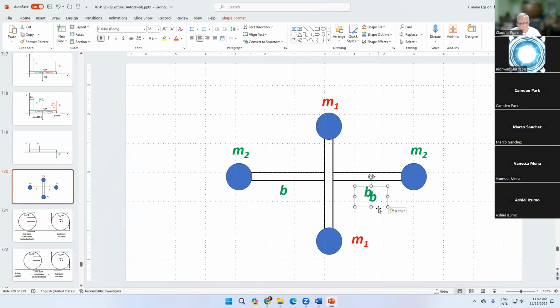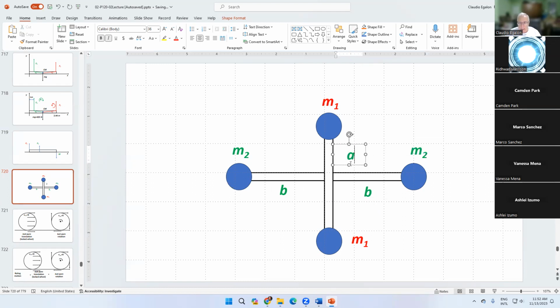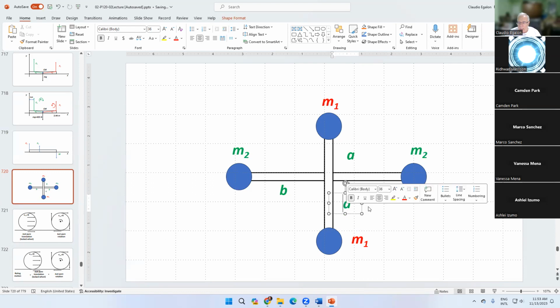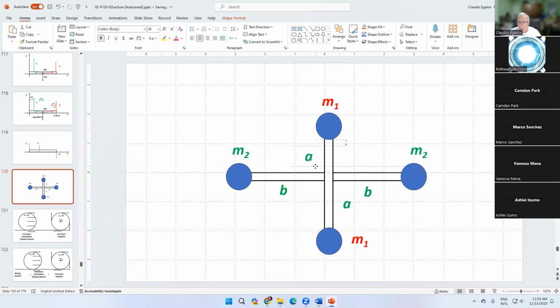And the other one is going to be A, and A. That's going to be here, B. Four point masses.